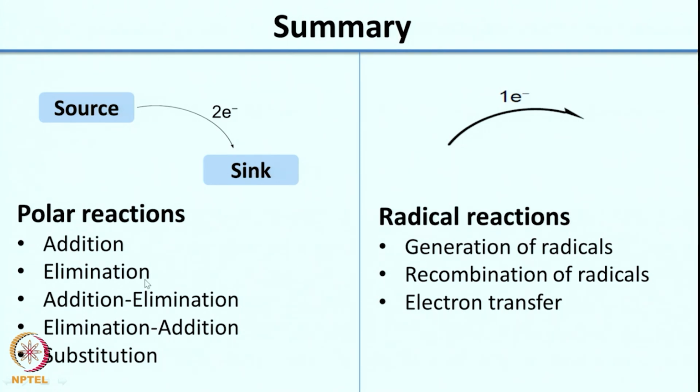We did not look at each of these in detail, but we looked at the basic mechanism for each of them. We also looked at radical reactions involving one electron, and you denote that with a single headed arrow. And in radical reactions broadly what you see is there are reactions involving generation of radicals, recombination of radicals or electron transfer.